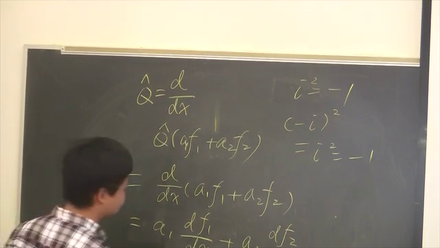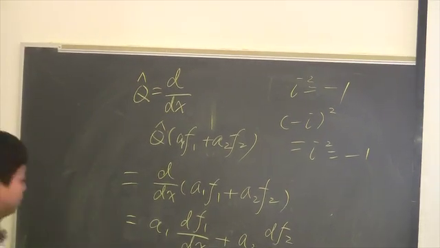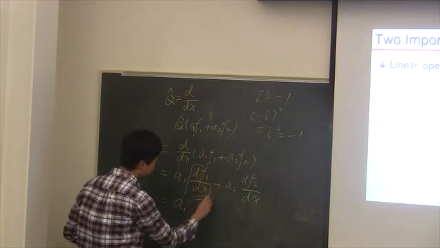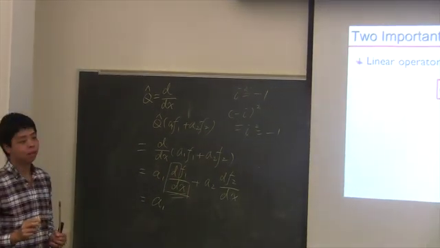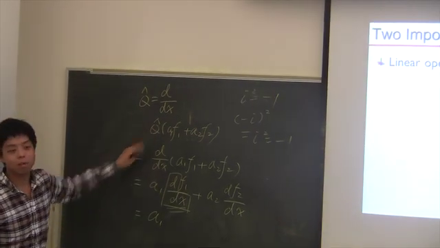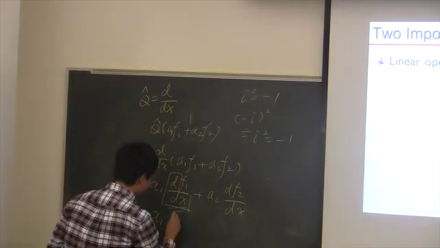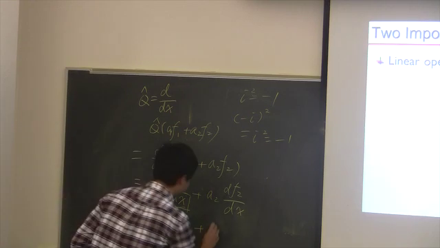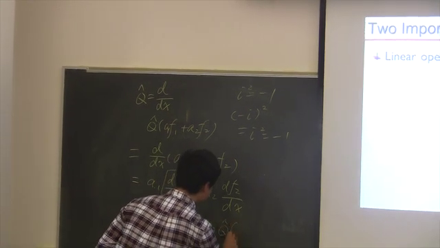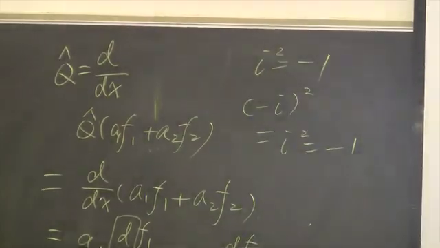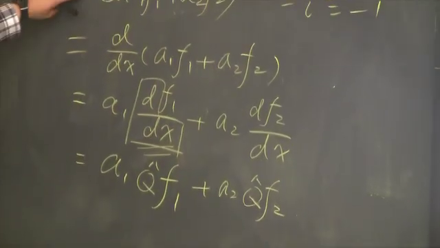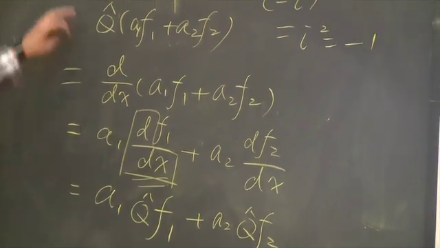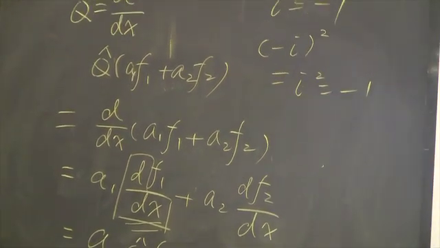And what is this part? Q operator, right? Agree? So similarly, it satisfies the requirement for a linear operator. Yes. So because of this, the Q operator is a linear operator.